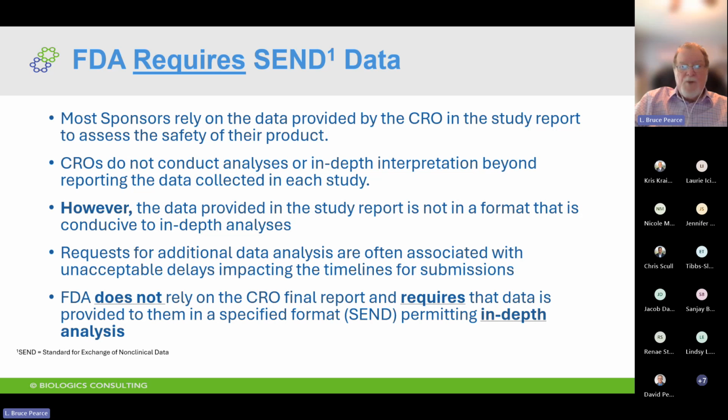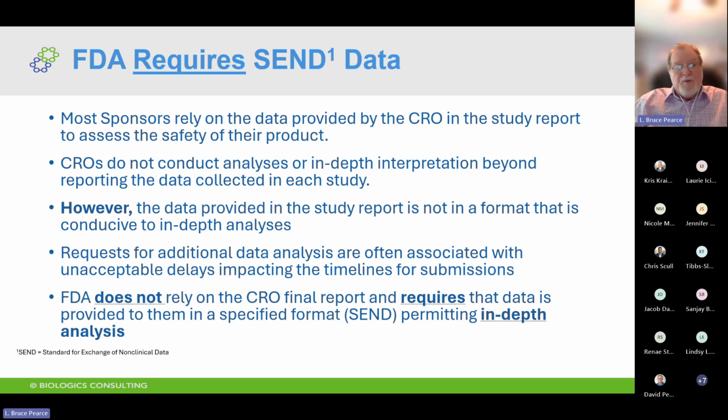However, most sponsors rely on the data provided by their CRO in the form of study reports to assess their safety data. And in general, CROs do not conduct in-depth analysis and interpretation beyond the classical reporting of data that we're used to in these reports.